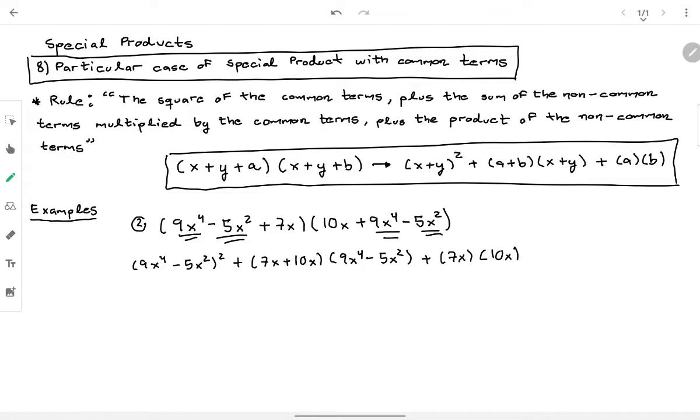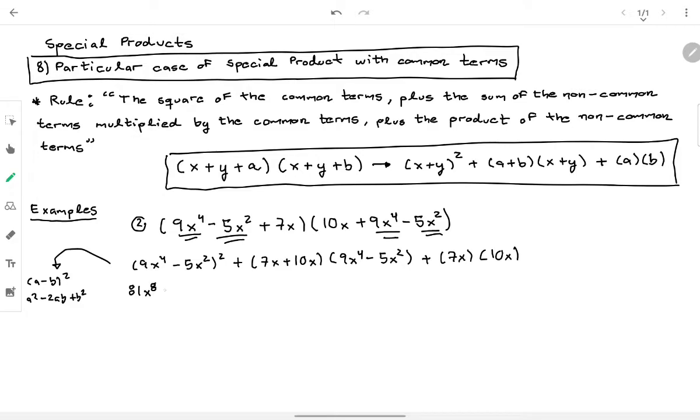Remember this part, it's like having a minus b squared. So it's going to be a squared plus minus 2ab plus b squared. So we are going to get something like 81x to the 8.